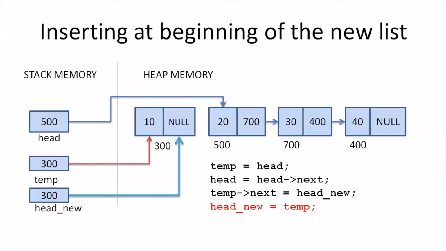On executing head new equals temp, head new now holds the address of the first node, which is 300, indicating that it is also pointing to the first node of the linked list. So after the end of the first iteration, we find that the first node of the original linked list gets detached from the original linked list and is now present as the only node in the new linked list head new.